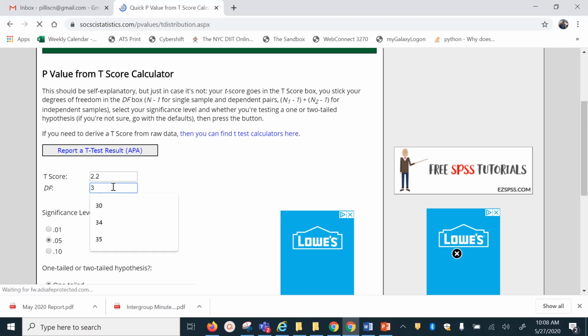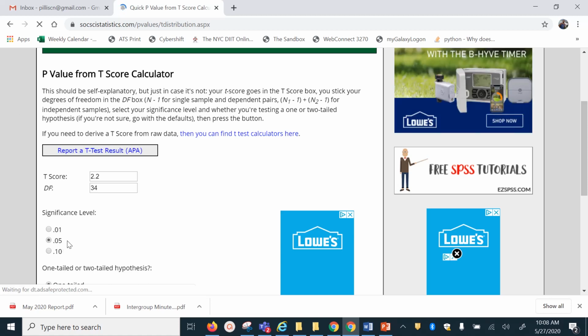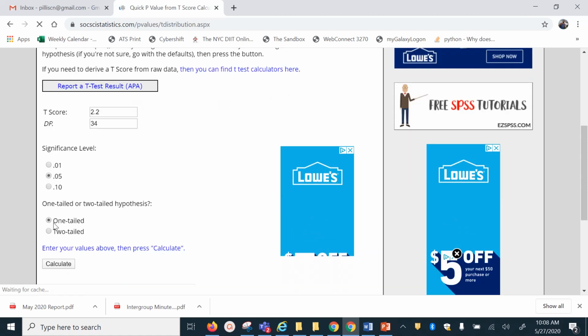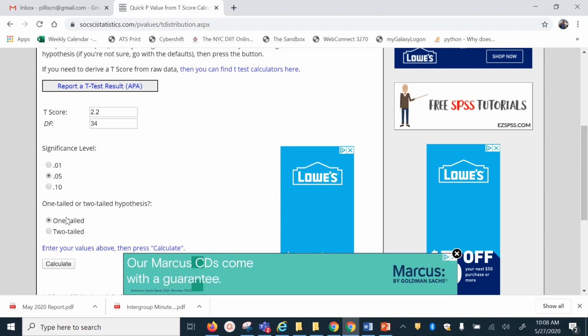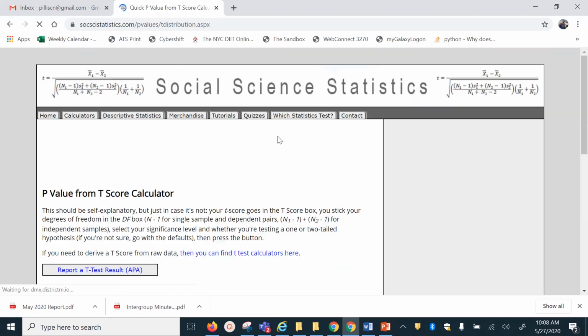So 35 minus 1 is 34. We want a significance level of 0.05. And remember, two-tailed is when it's not equal to, but they didn't say that. They said greater than, so it's one-tailed. That's all you have to remember: is it one-tailed or two-tailed?